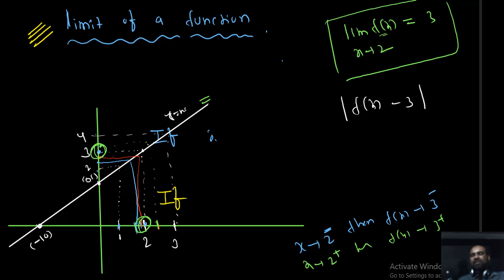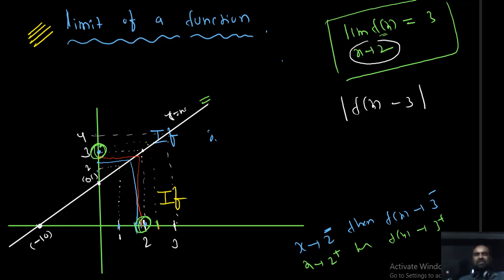How can you make the difference between f of x and 3 lesser and lesser? Directly you can't. Just make the difference between 2 and x lesser and lesser, and automatically the distance between f of x and 3 becomes lesser and lesser.